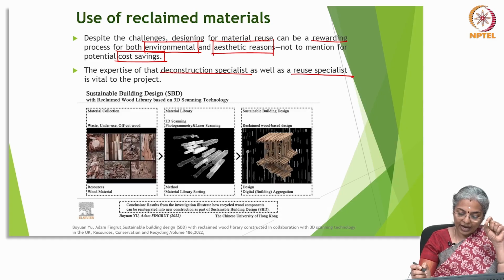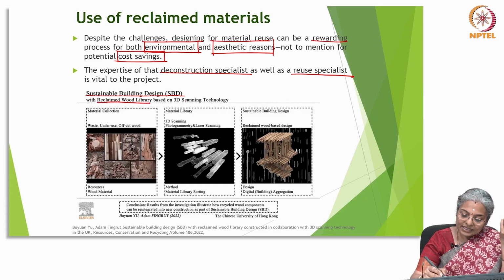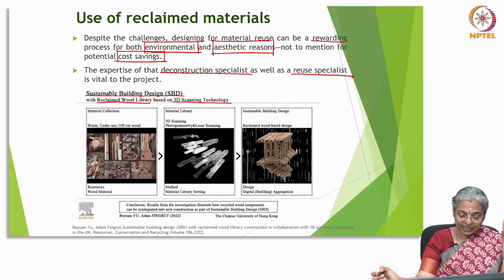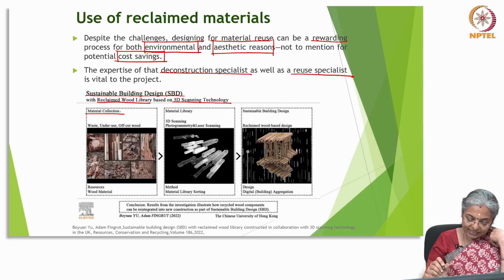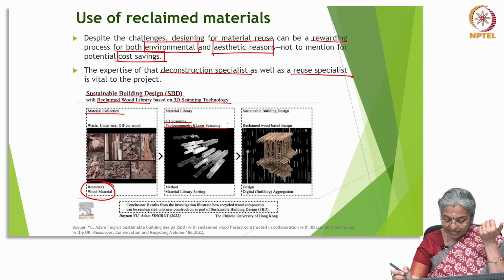If you look at an example of sustainable building design done with a reclaimed wood library, this can be done with 3D scanning technology, in which the waste material is collected, and this waste material, which primarily comes from wood, undergoes 3D scanning, photogrammetry, and laser scanning.